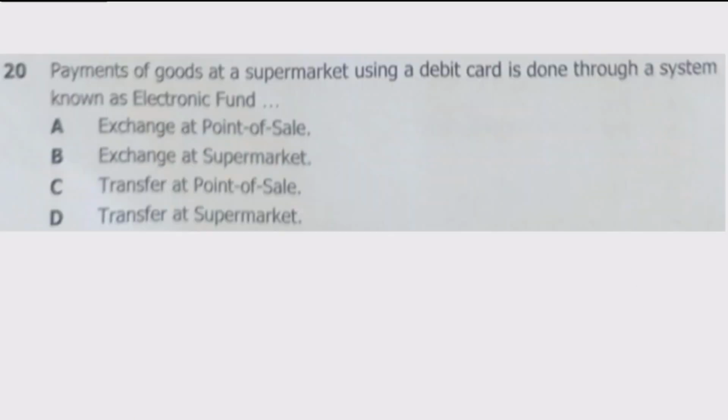Question 20 is as follows. Payment of goods at a supermarket using a debit card is done through a system known as electronic fund dash. A, Exchange at point of sale.